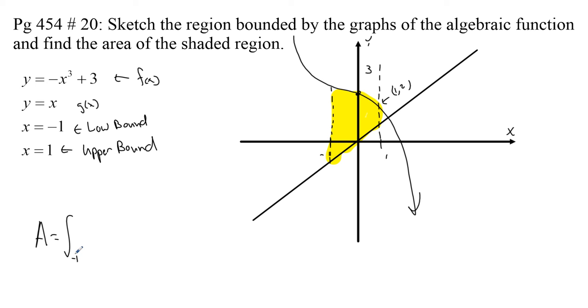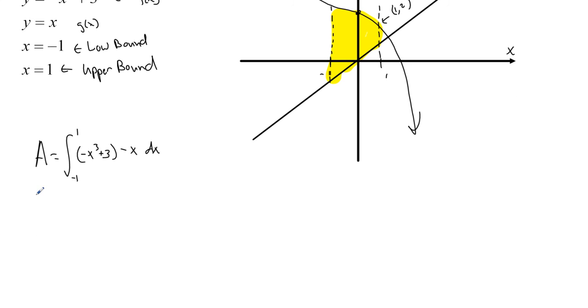So negative 1 there is my lower bound. 1 is that one. Obviously, the function negative x to the third plus 3 is my f function, and then my g function is just going to be subtract x dx. And so if we simplify that, A equals, again, the integral from negative 1 to positive 1. We'll just have negative x to the third minus x, and then plus 3.